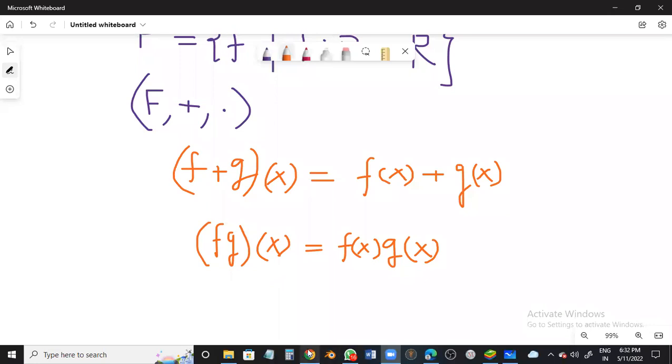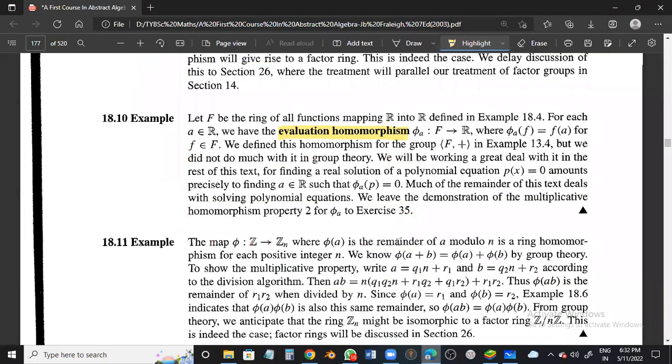Now we would like to go back to a mapping. Let us define a map phi a from F to R. We are handling two rings. F is the ring of functions and R is the usual ring of real numbers. We will define the evaluation homomorphism. How to define it?